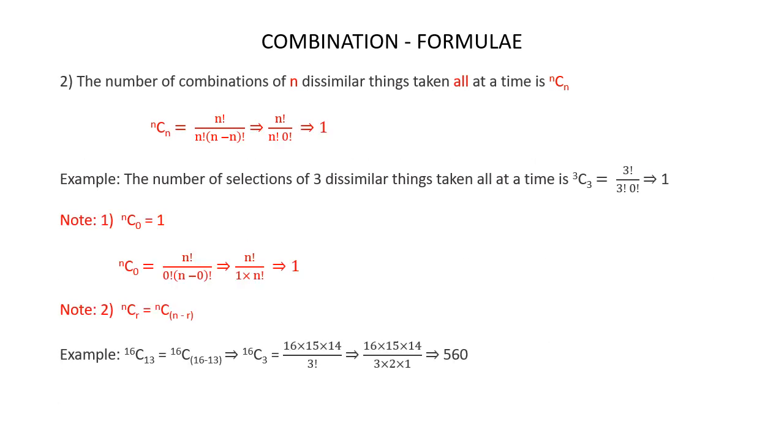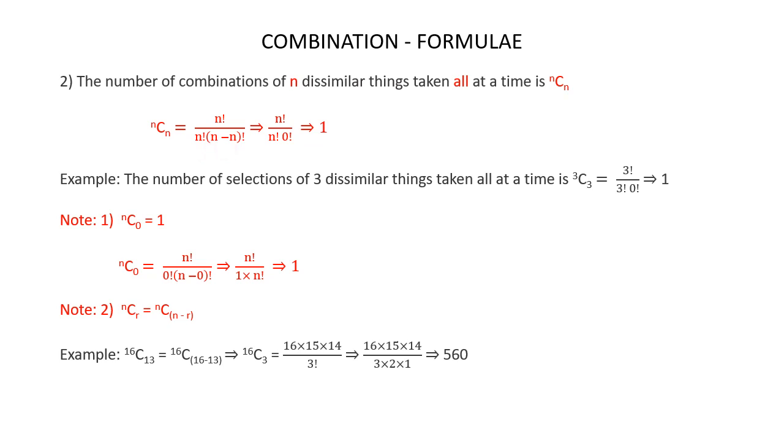Let's now look at one more formula. The number of combinations of n dissimilar things taken all at a time is NCN. Here R is equal to N. So according to the formula, NCN is equal to n factorial divided by n factorial multiplied by n minus n factorial.